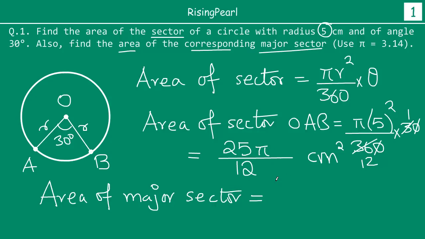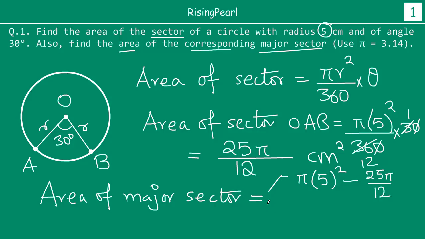Let's just call this the first way. This is the area of the entire circle, which is pi r square, minus the area of the sector that we have gotten over here, 25 pi by 12. So if you solve them, you will get the area of the major sector.